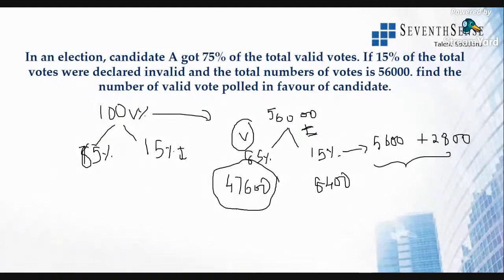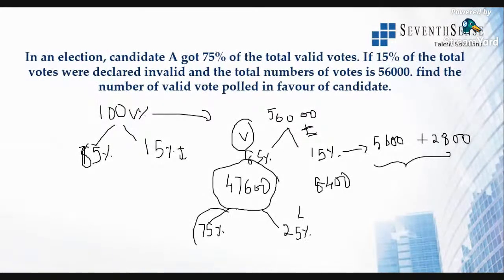The one who got 75% is the answer they are asking for: valid votes polled in favor of the candidate. 75% is the one who wins the election, and 25% lost. So they are asking for this value.